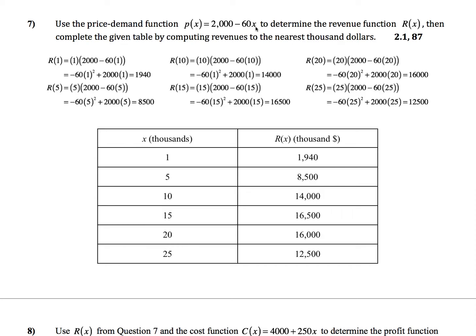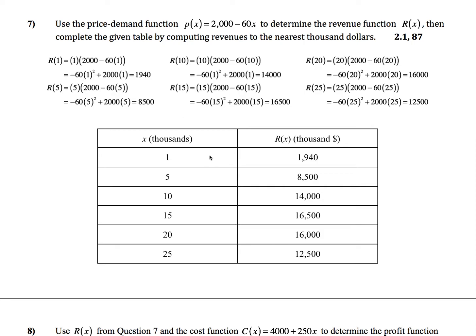I had that here and then eliminated it, but that's x times, in parentheses, 2000 minus 60x. If you expand that out, that's negative 60x squared plus 2000x, or 2000x minus 60x squared.